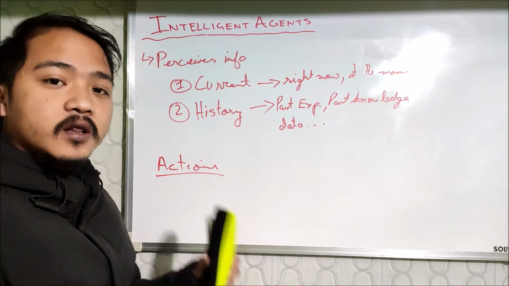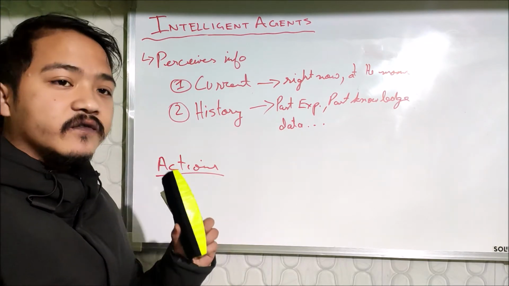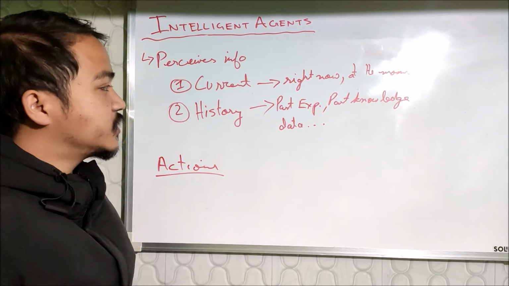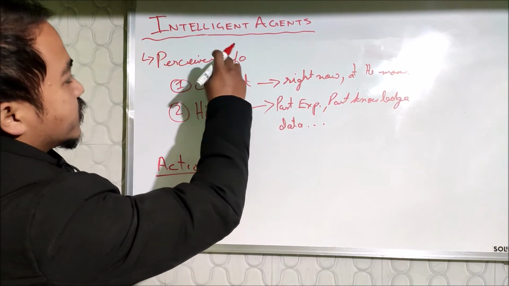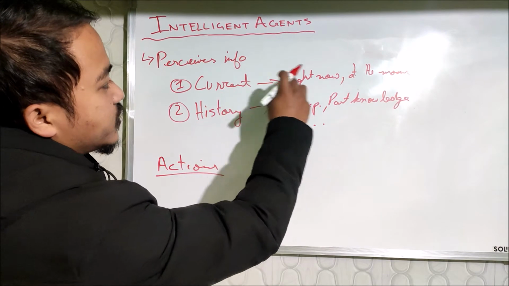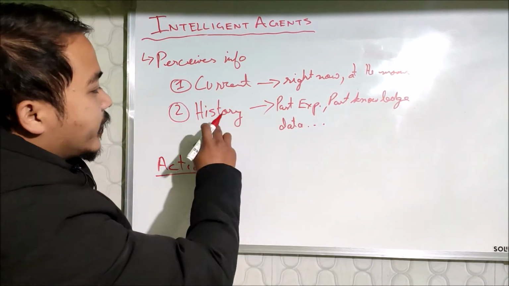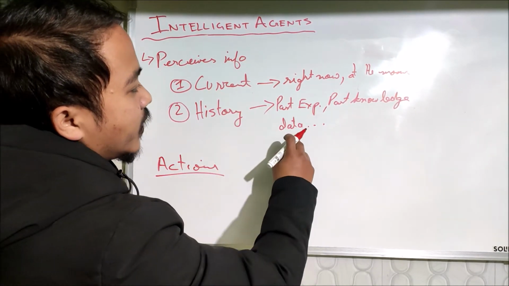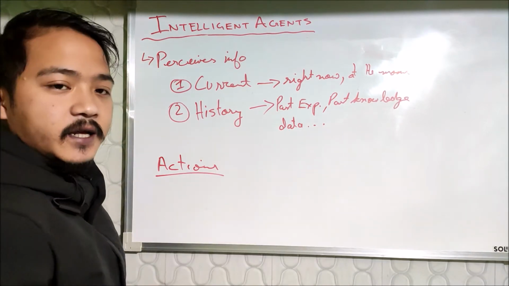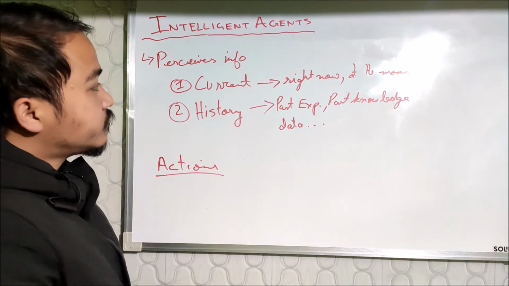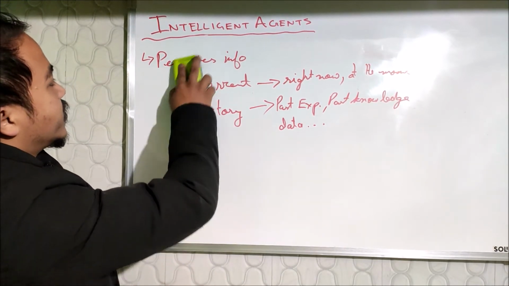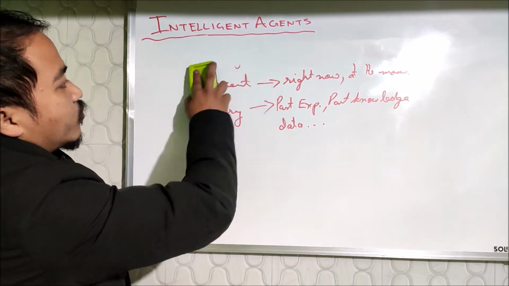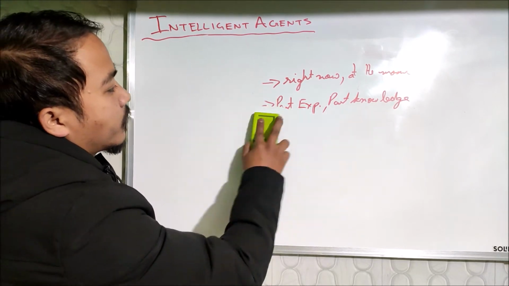We'll be discussing all the types of agents. There are 5 types of agents. We'll be discussing that in detail later in the video, but now you need to understand that the agent perceives information in two ways, the current, right now, at the moment, and the history, the past experience, past knowledge, data. All right, so this is what intelligent agents mean and the operations they perform.